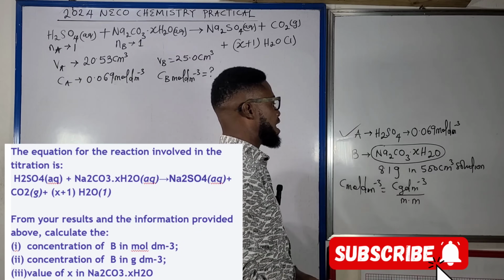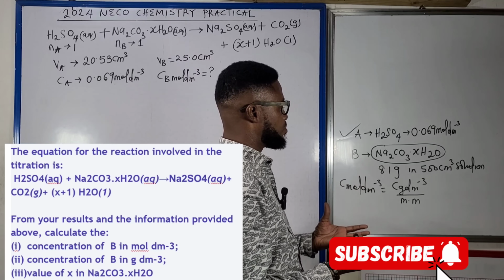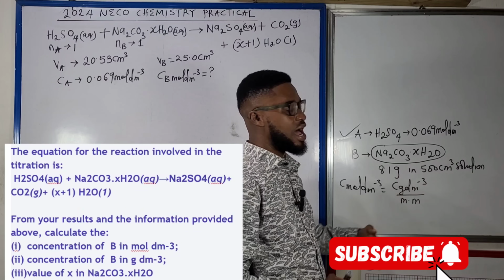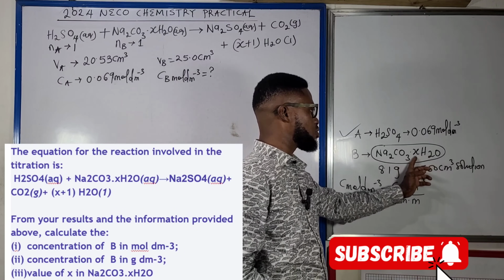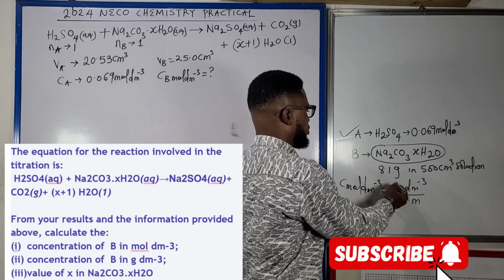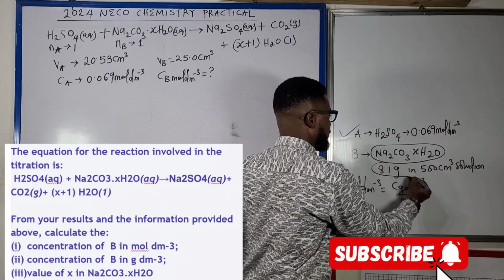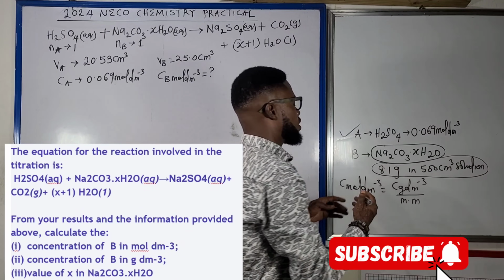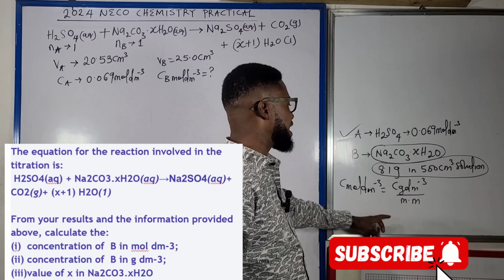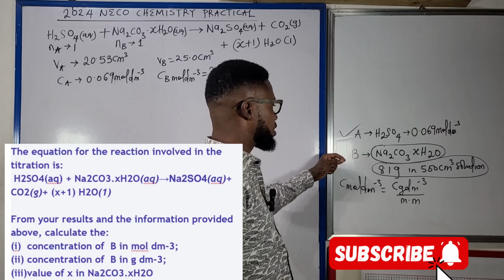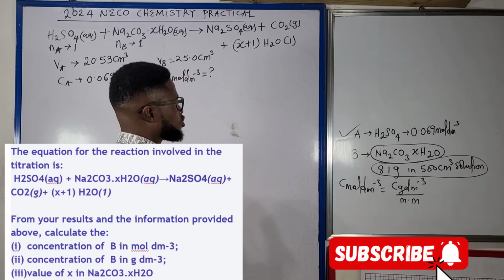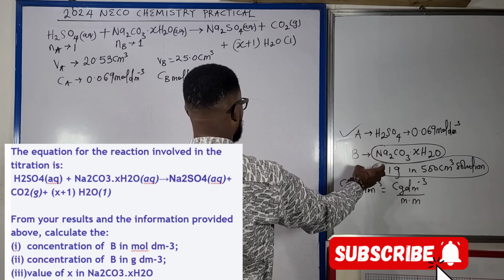Now, I cannot get the molecular mass because, fine, Na2CO3 is 106, but this X, I don't know what it represents. H2O is 18, so X times 18, 18X. So even if I can get my concentration in gram per dm cube from the figure I was given here, 8.1 gram in 500 cm cube solution, the fact that I don't know the molar mass means that I cannot calculate the concentration of B in mole per dm cube using the figure here. So this here is the standard solution.